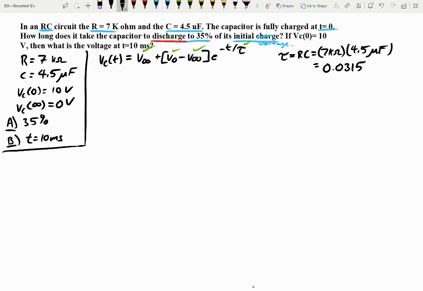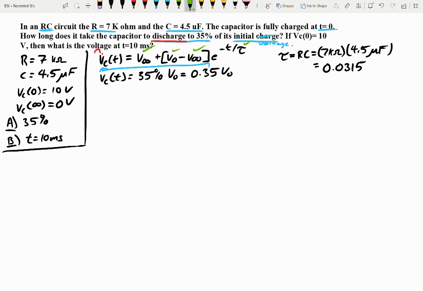Now this V of C right here, we don't quite know that, but we know that V of C at some time is equal to 35% of V initial, which is just 0.35 VO. So we can sub that in. Take this and sub it in there.